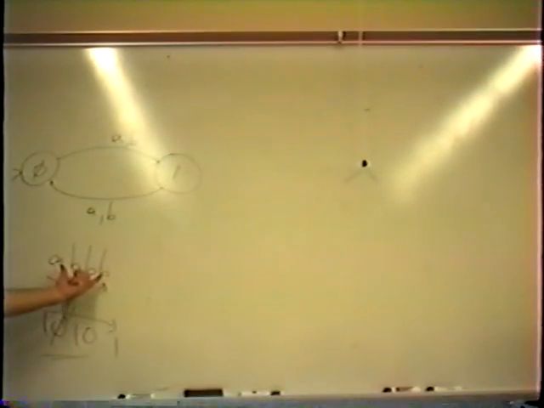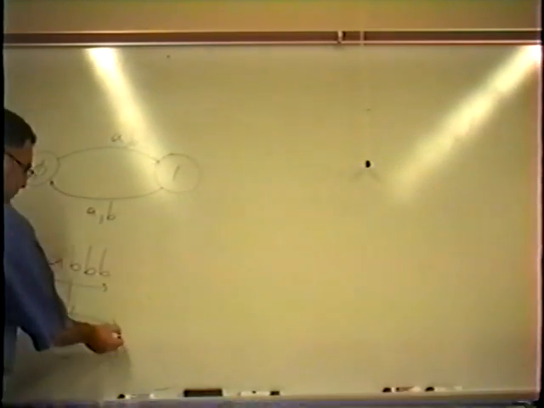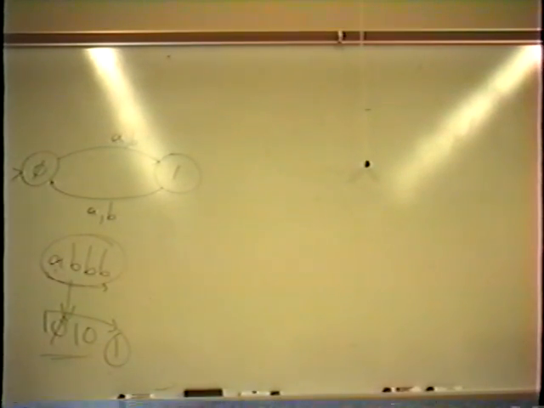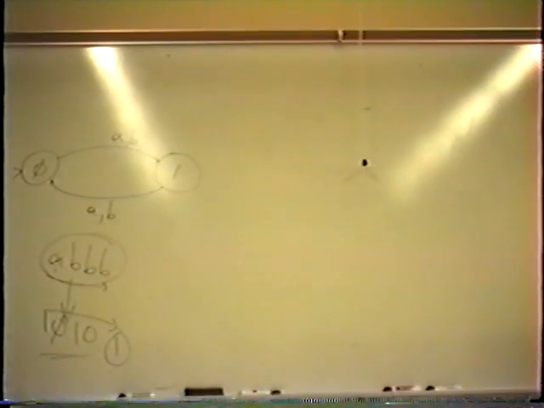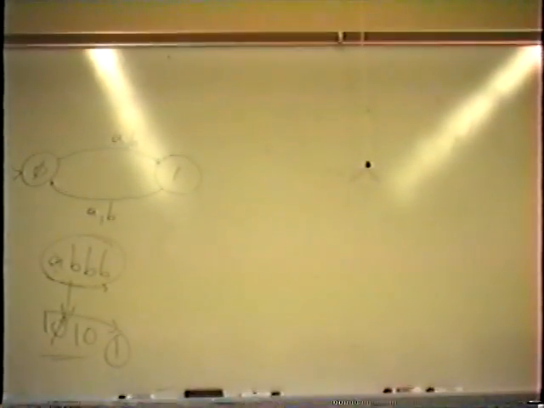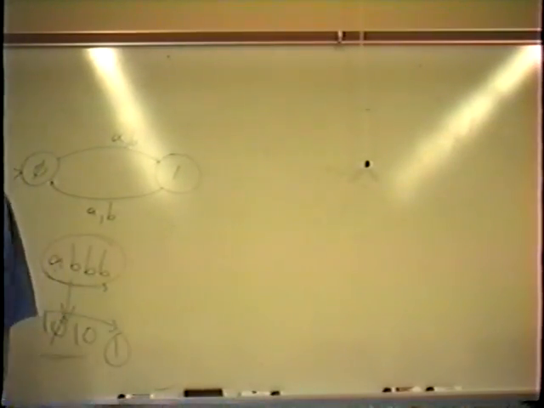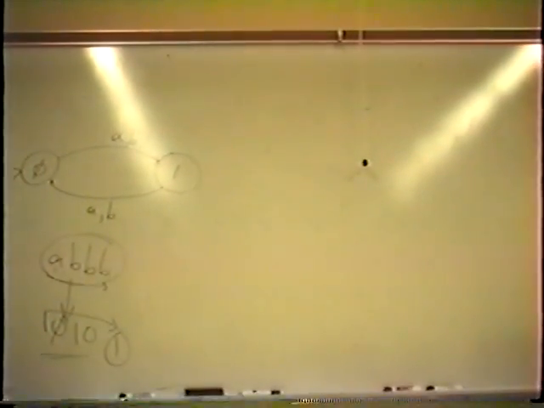What if this guy has odd length? What's the last digit? 1. So the last digit is either 1 or 0, depending on if this is even or odd. So this is like a parity checker. It checks if the given string is even or odd. Okay. Just look at the output, the last bit you got, and you can tell if it's even or odd. That's what it is.